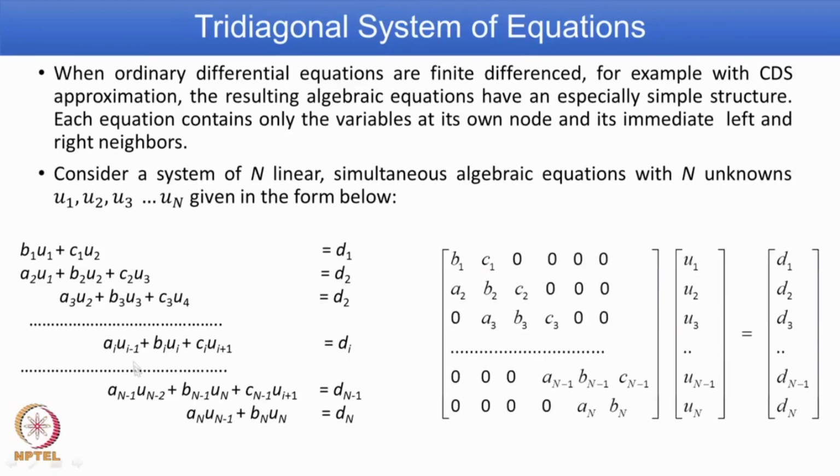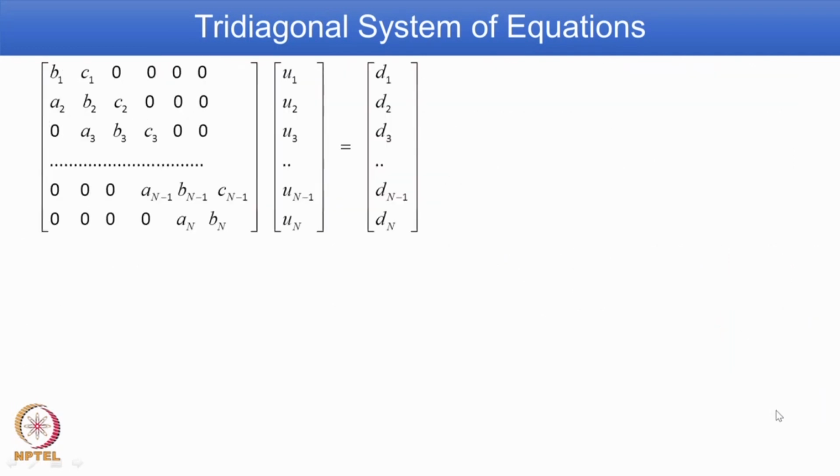Now, the same algebraic equations in the form of a matrix are shown here. B1 C1, remaining all zeros, and similarly all the way up to the last row An and Bn. This coefficient matrix multiplies the unknown column vector u1 to un on the left side, and on the right side you have a known column vector.